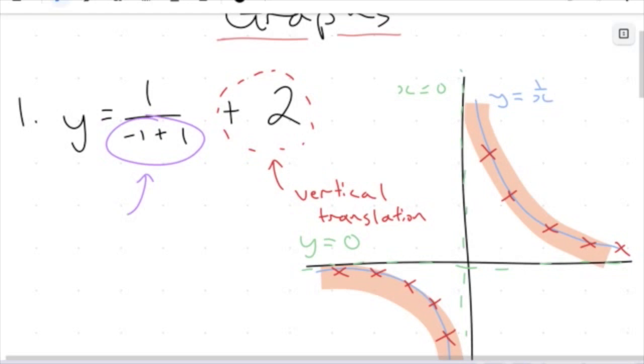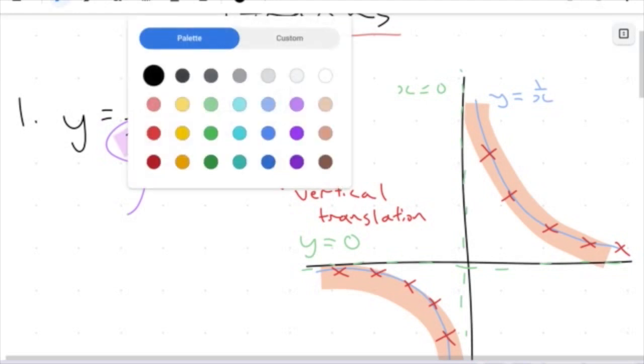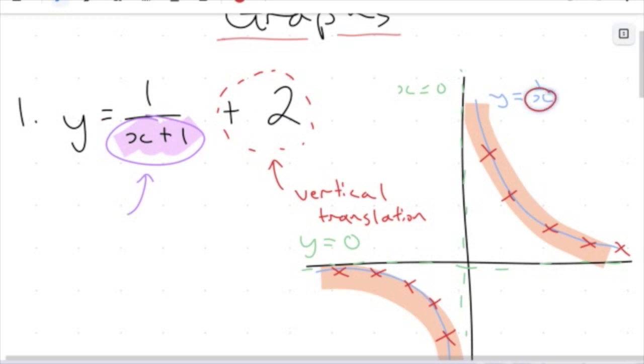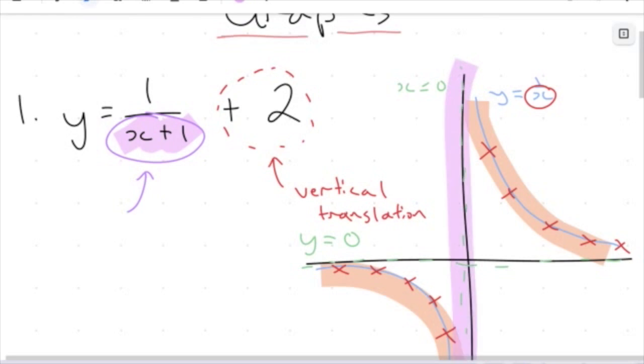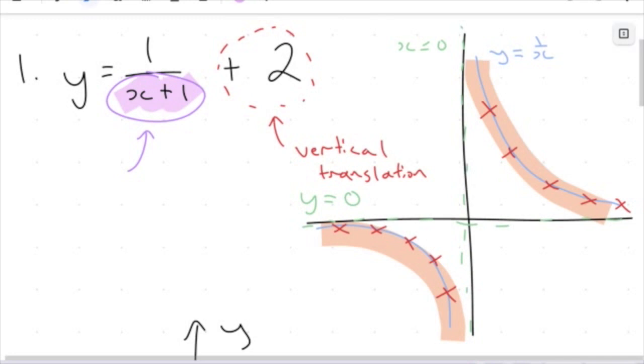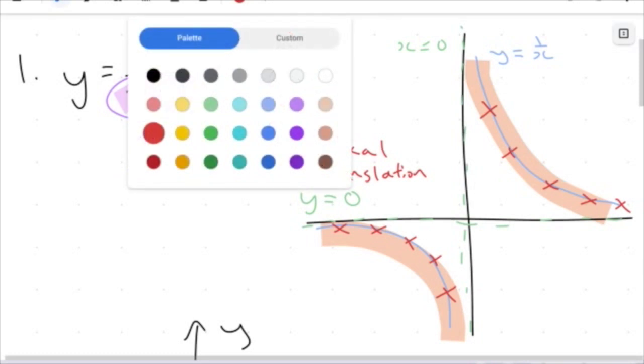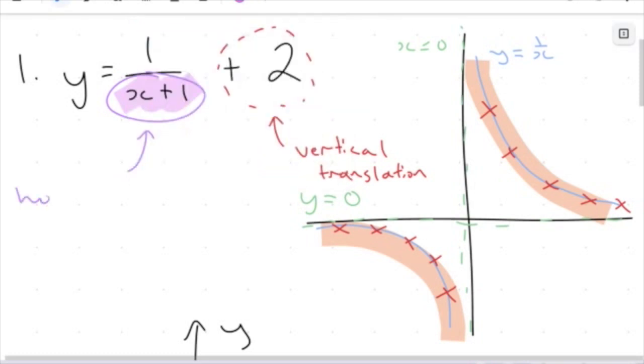So my asymptote changes from x equals 0, this line here, to x equals -1. Because -1, substituting in for the x, gives us a 0 in the denominator, the value that the graph can't have. So this is going to be a horizontal translation.